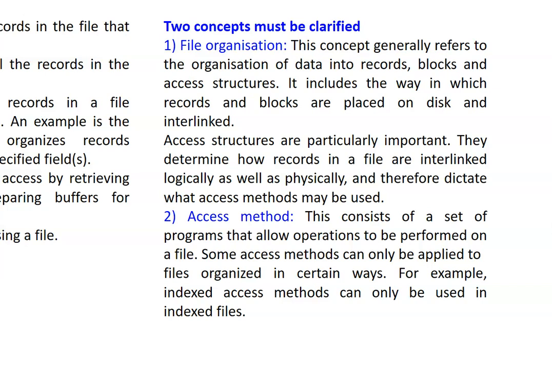So now we're going to look at how files are organized on the disk. We're going to discuss the three methods of file organization in the next part of the video.